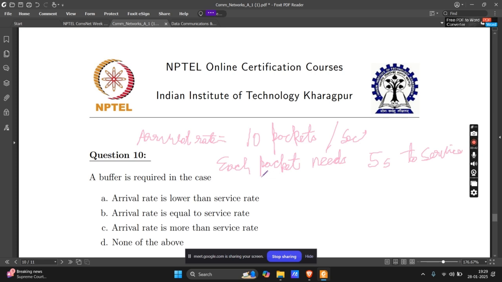So will there be a queue or will there not be a queue? Come on, tell me. Yes, there will be a queue because each packet will get 5 seconds. So what is the service rate here? Service rate is 0.2 packets per second.